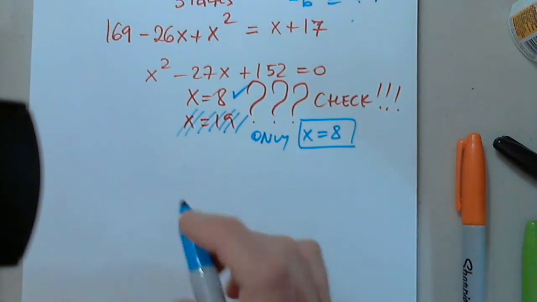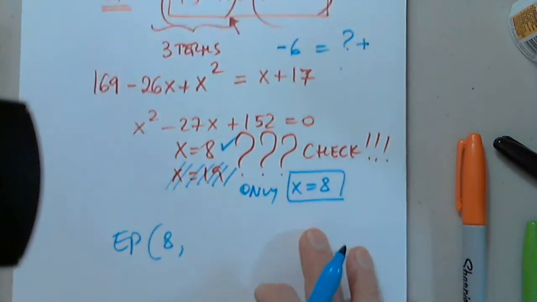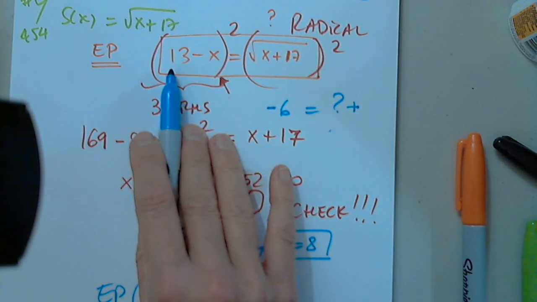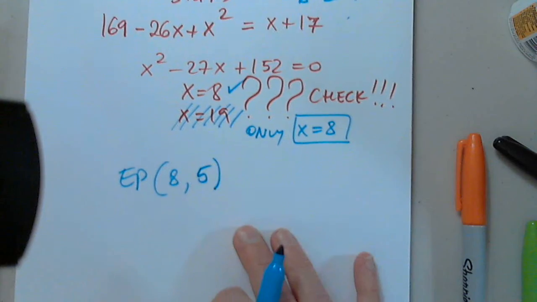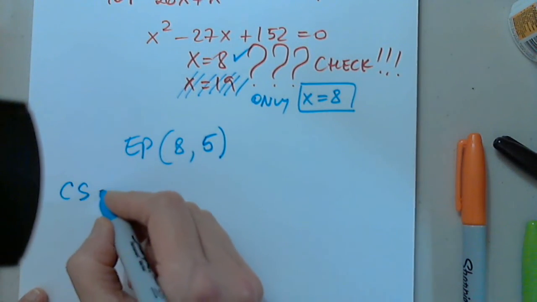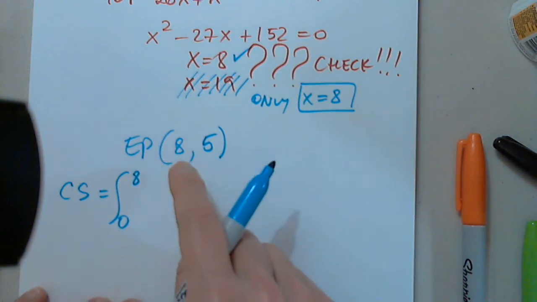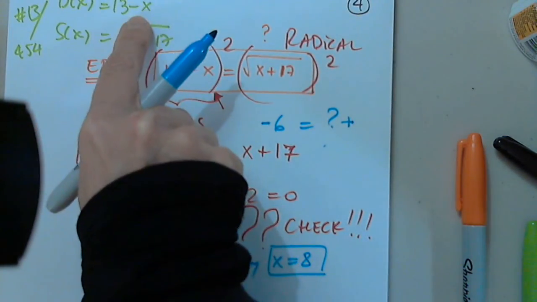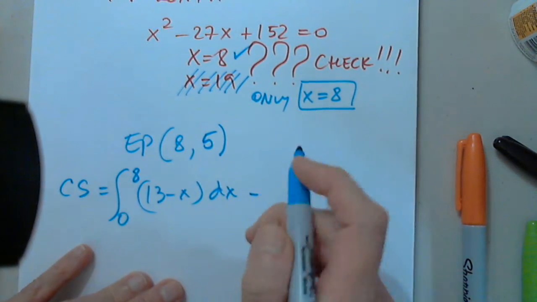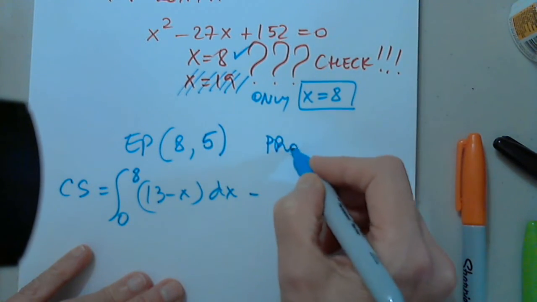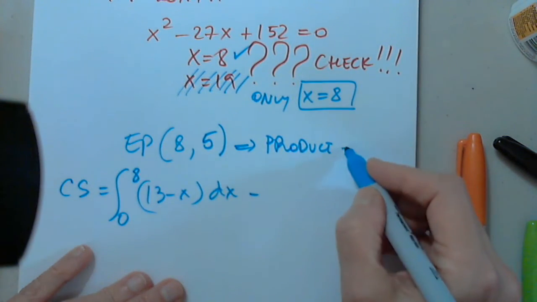So now I have the equilibrium point as 8, comma, it doesn't matter where you plug it in. Either you plug it in here, it has to be the same. So it's 5. So now I know that the consumer surplus would be the integral from 0 to 8 of 13 minus x dx minus this product, 8 times 5.